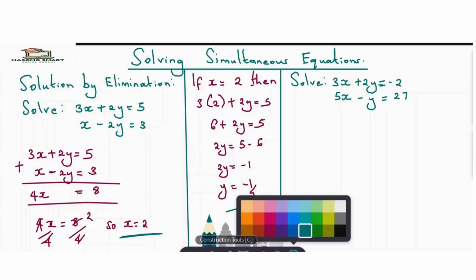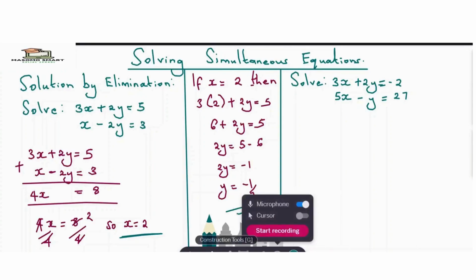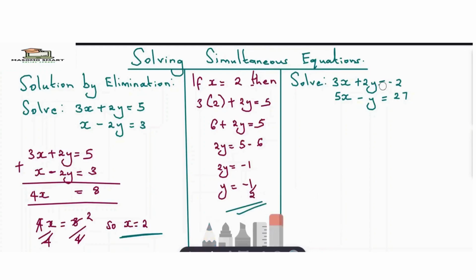The first thing we do again is to rewrite the equation and check whether we have any variables that are the same size and opposite in sign. In this particular equation, we do not have any such variables, which means that we will have to multiply one of the equations by a constant.